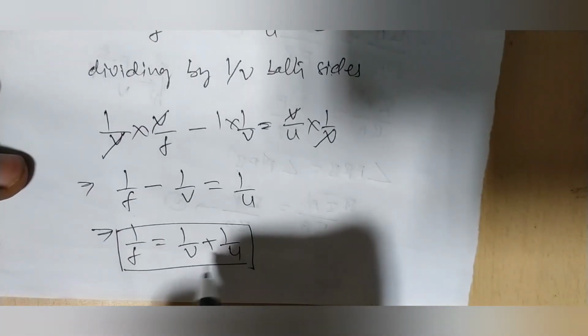Okay, from this equation, 1 by v goes to the other side, 1 by f is equal to 1 by v plus 1 by u. This is the mirror equation.